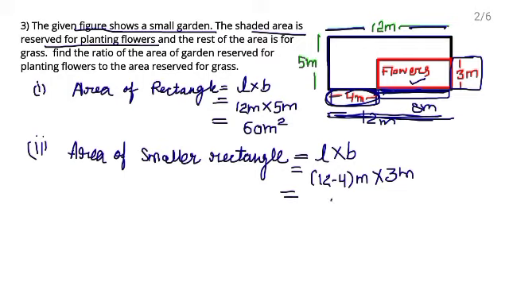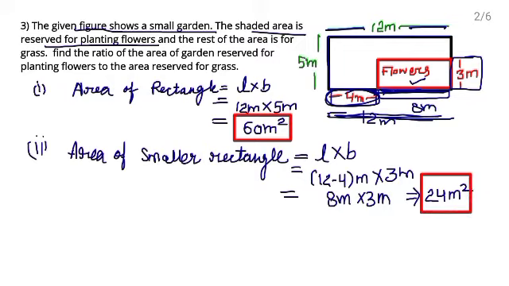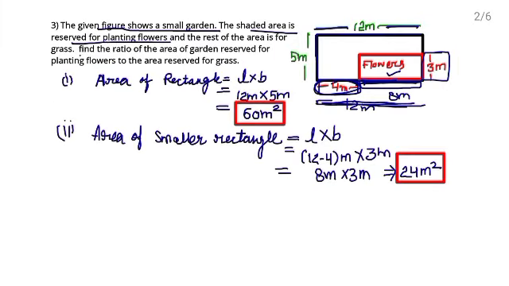Okay, 12 minus 4 is 8 meter, multiply 3 meter. So 8 threes are 24 meter multiply meter, meter square. So this is the area of the greater rectangle, and this is the area of the smaller rectangle. Now read the further question.